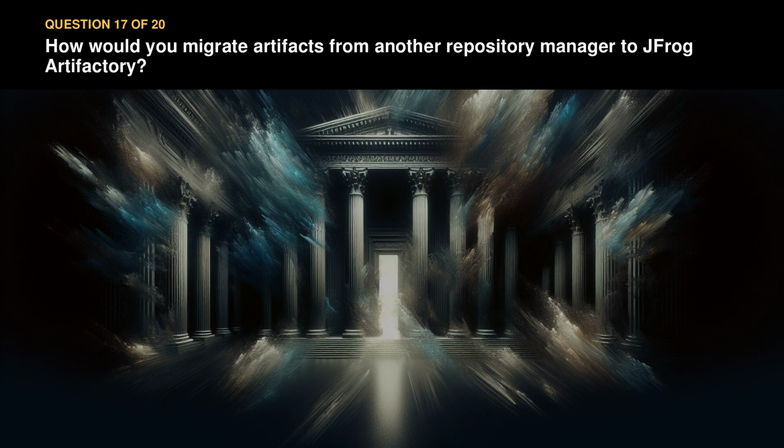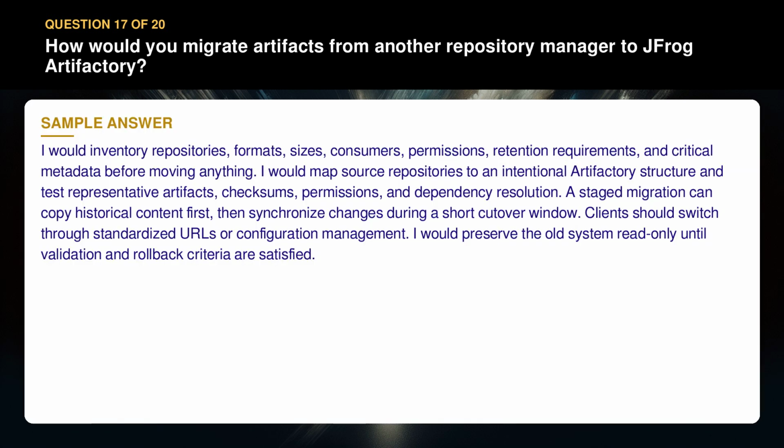Question 17. How would you migrate artifacts from another repository manager to JFrog Artifactory? I would inventory repositories, formats, sizes, consumers, permissions, retention requirements, and critical metadata before moving anything. I would map source repositories to an intentional Artifactory structure and test representative artifacts, checksums, permissions, and dependency resolution.